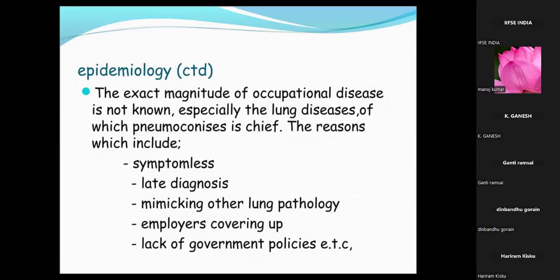The employers cover up. This is the major problem world over. It's not only in India or third world countries. The employers do not provide enough welfare facilities or PPEs to the employees, and they do not even divulge the exact data to other people. Then there is the lack of government policies.